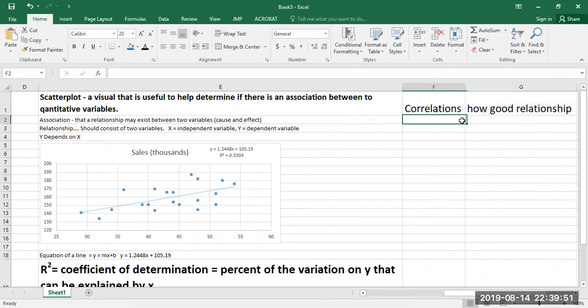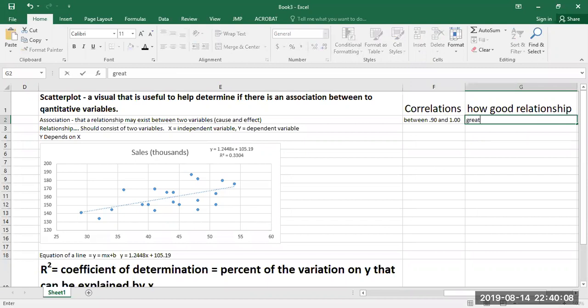If we get a test grade between 90 and 100, so between 0.9 and 1.0, how good was your grade? It was great. In this case, there's great evidence of an association.